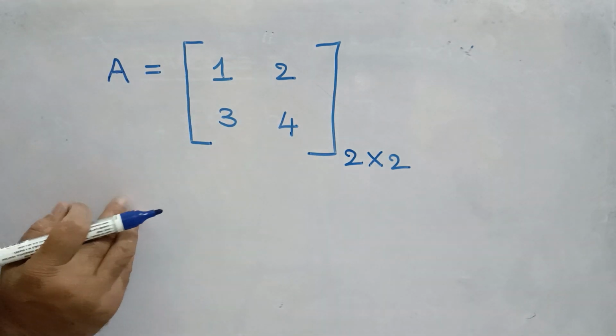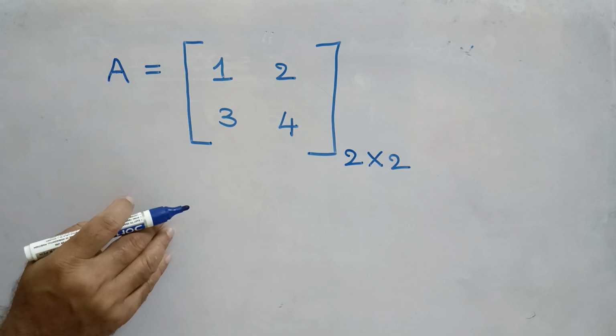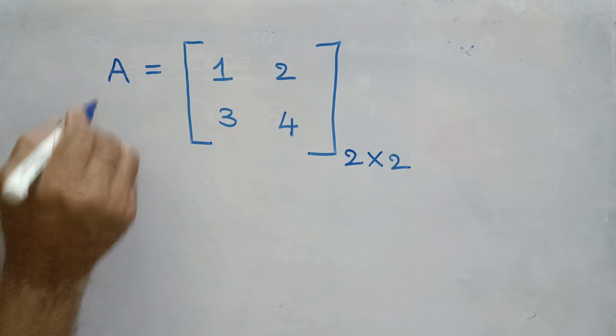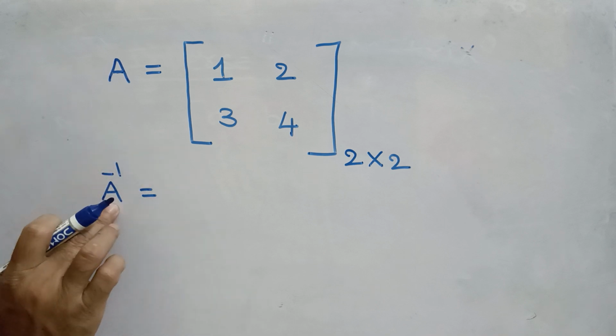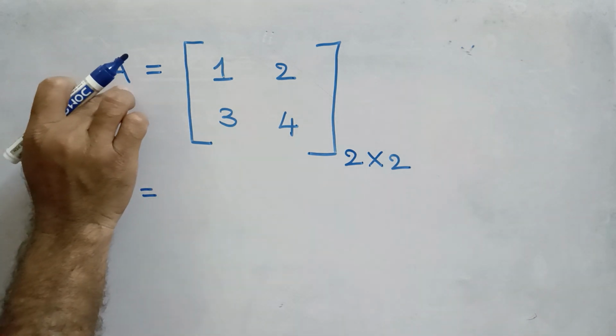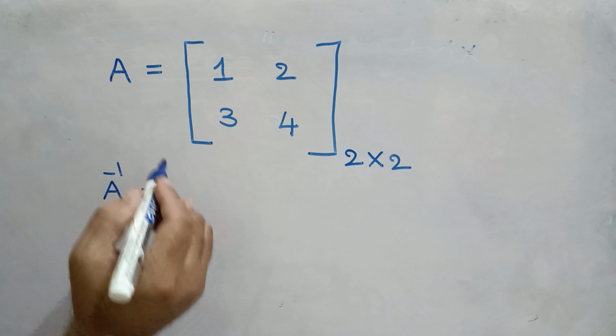For the 2 by 2 matrix, the inverse can be obtained, as we have seen in our earlier presentations. So A inverse is nothing but the inverse of this matrix. As I explained in our previous presentations, what is the formula?